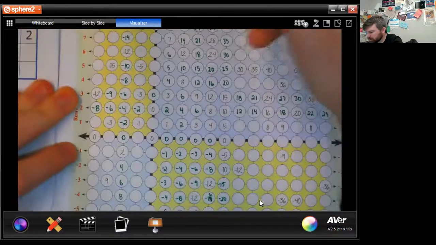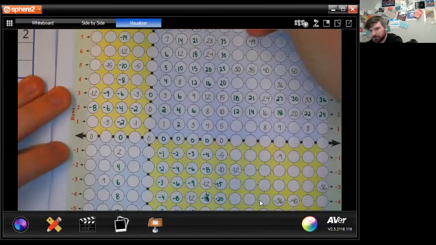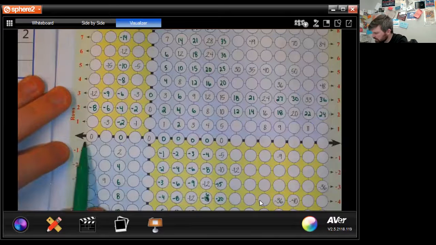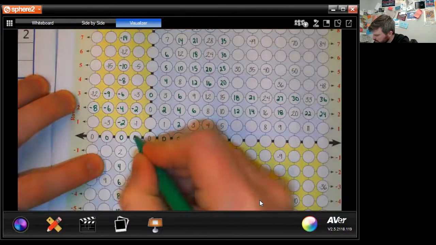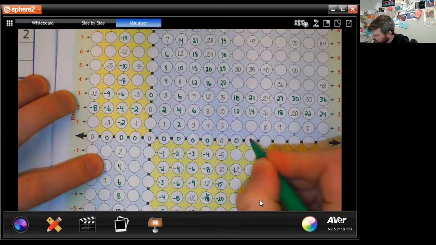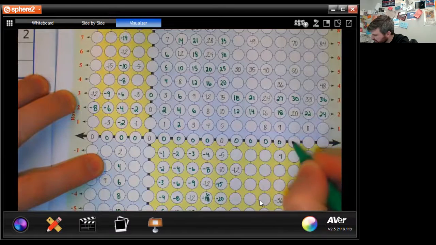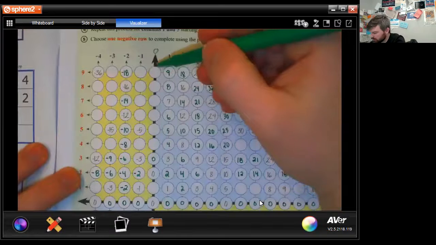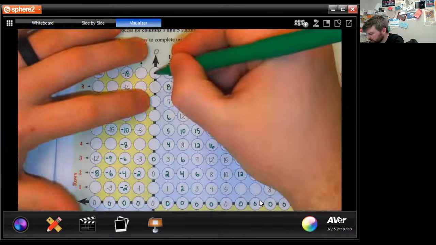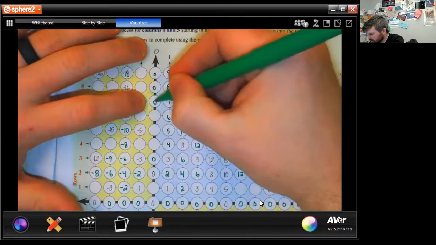So like I already said, we're going to look at patterns here. So the X and Y axis, so this axis here is multiplying by 0. When you multiply by 0, you will always get 0. So we're going to go ahead and fill that whole thing in. And your y-axis here is also multiplying by 0. When you multiply by 0, you will always get 0.